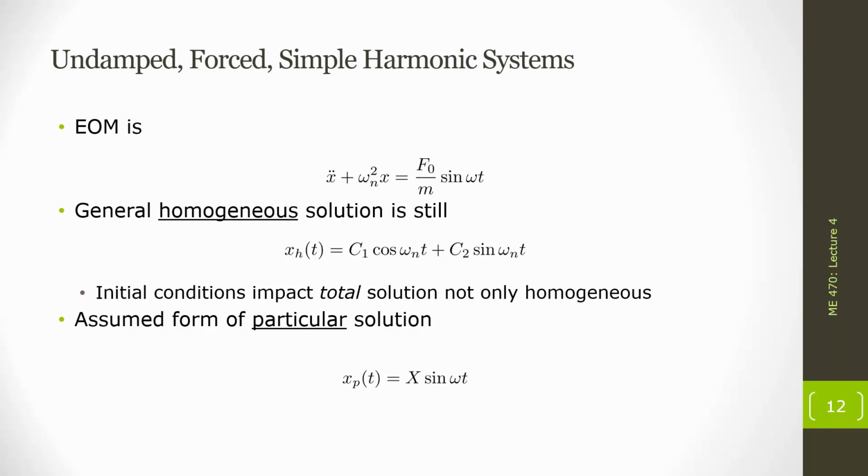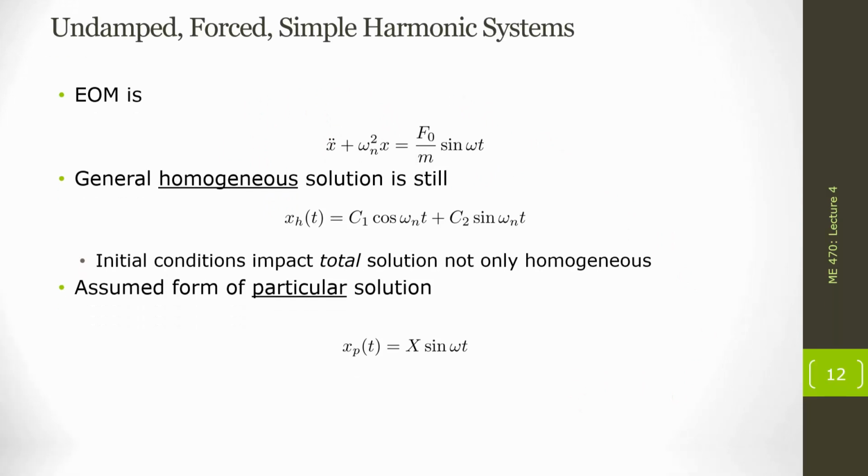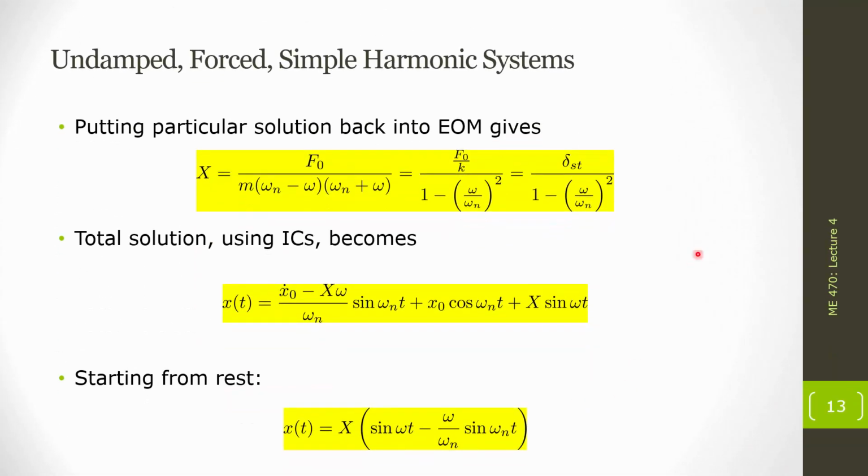In the next subsection, when we look at damped systems, the particular solution is going to have a sine term and a cosine term. But here we put this particular solution in for x and x dot, and we're able to solve for x just like we did before, and the result is identical for the value of x. Then we can apply our initial conditions and get our total solution.